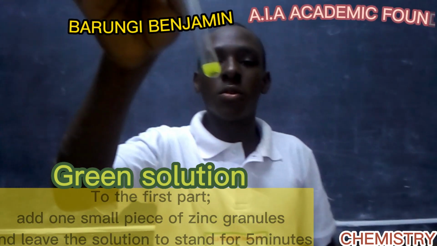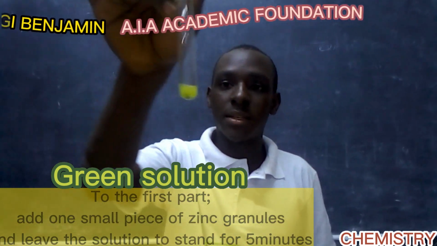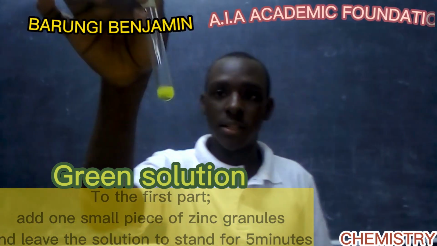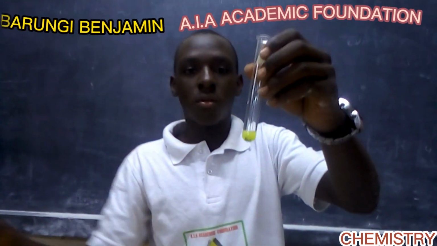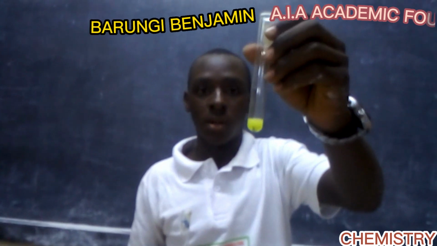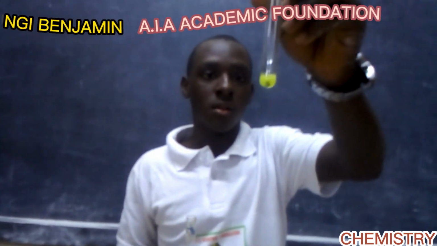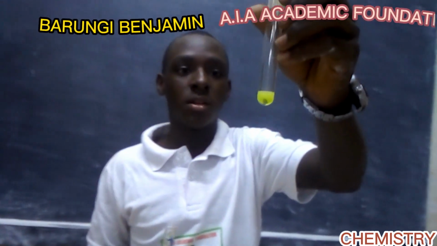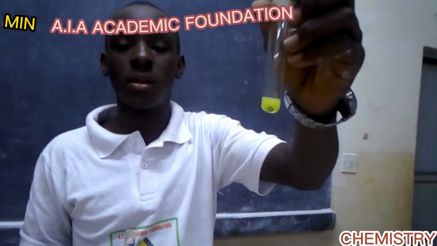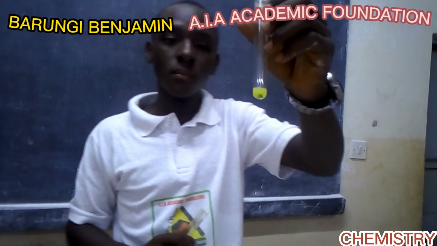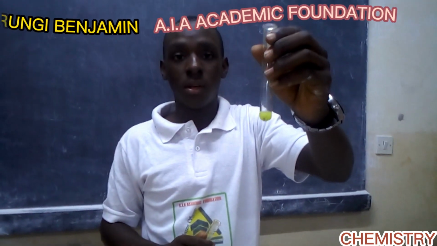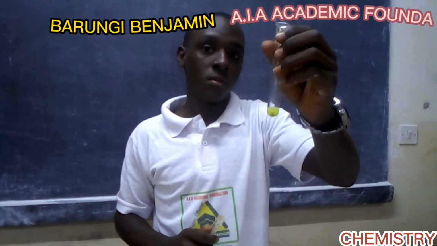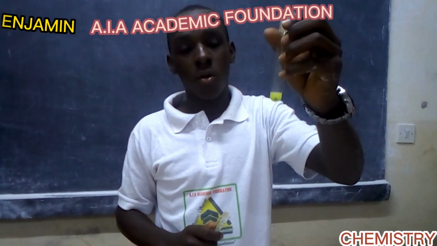We had a yellow solution, but now it has turned to a green solution. You can see it clearly. You can check on the first one and look at this one. They are different because this one has turned from yellow to green. Remember, when we have iron 3 ions, they are either brown or yellow, and iron 2 ions are always green.